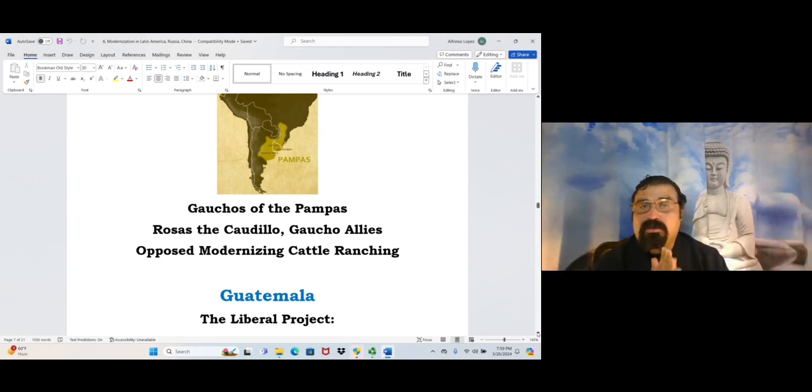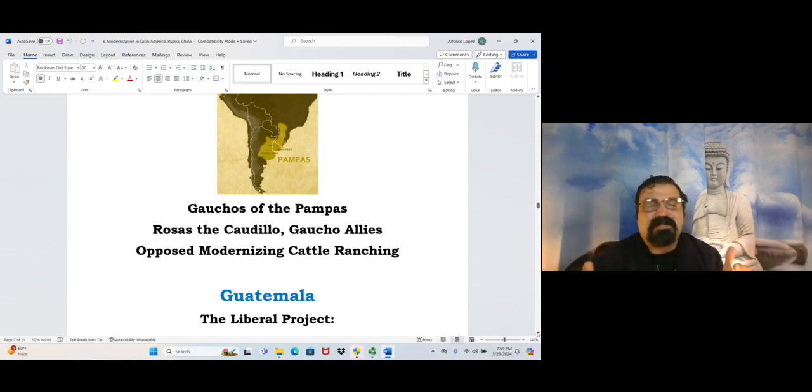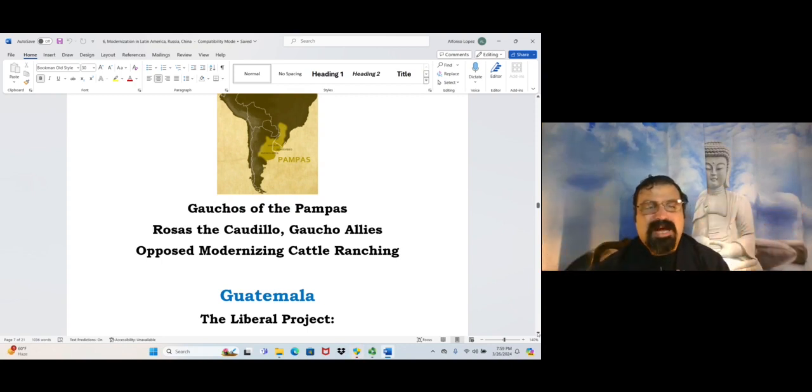Now, the gauchos, of course, are seen in Argentina as the lower classes, so to speak, and they are ostracized and marginalized by the liberal elites of Buenos Aires.